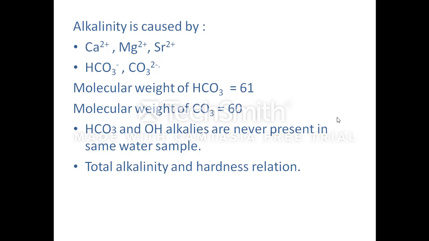So when the alkalinity is less, the portion of hardness caused by carbonates and bicarbonates would be equal to the alkalinity. That is, carbonate hardness will be equal to alkalinity, and non-carbonate hardness will be equal to total hardness minus carbonate hardness. That is, total hardness minus alkalinity.